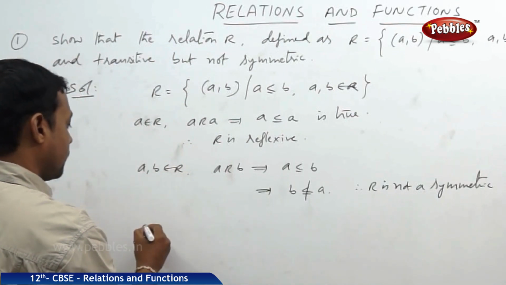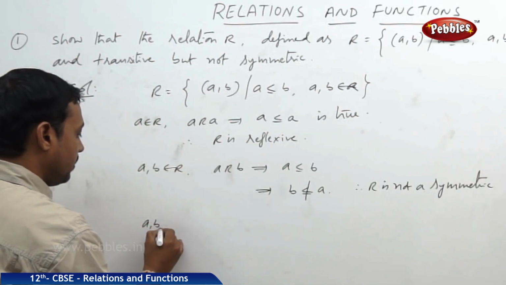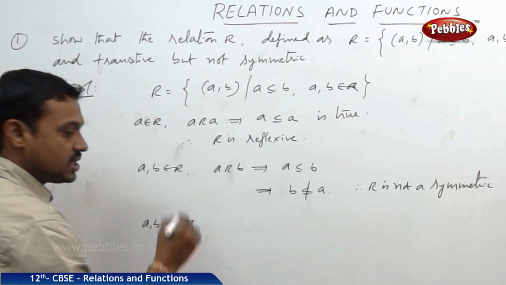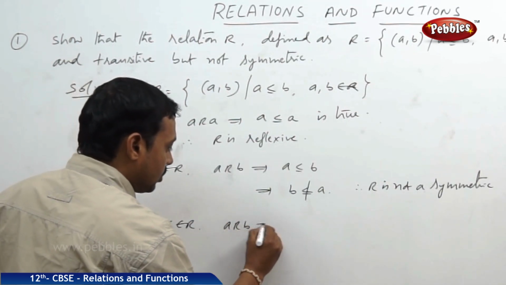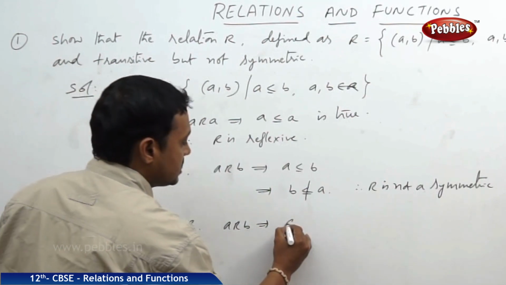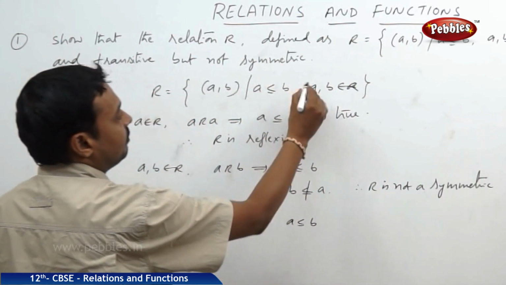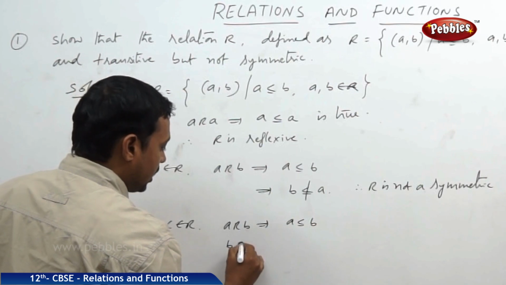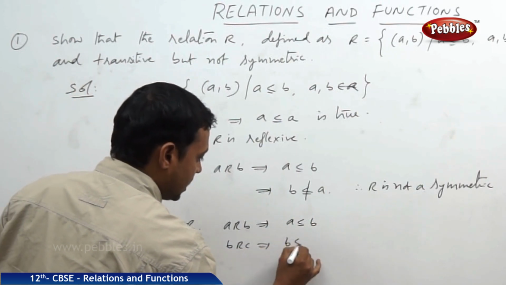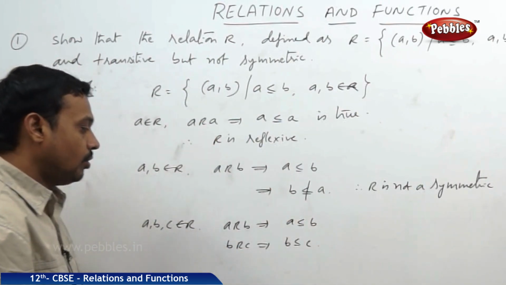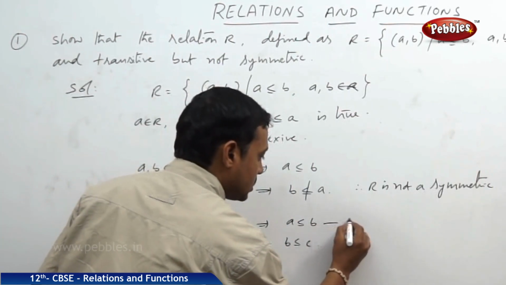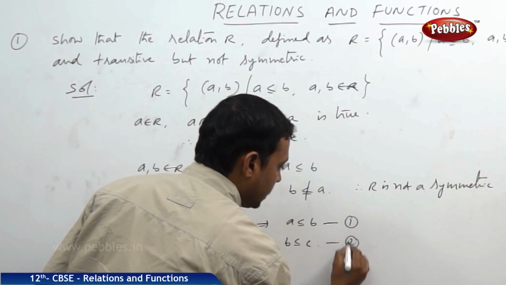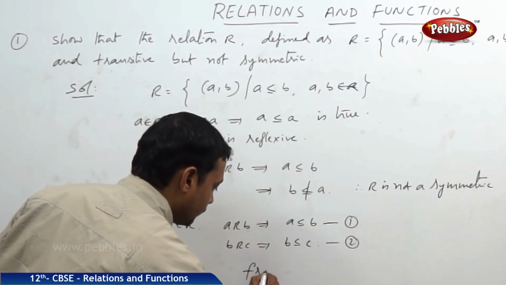Next, the third one. Suppose A, B, C are three elements in the set of real numbers. Suppose A is related to B, which implies A less than or equal to B by the given relation, and B is related to C, which implies B less than or equal to C. Now, is A less than or equal to C? Yes. This is the first inequality, this is the second inequality.